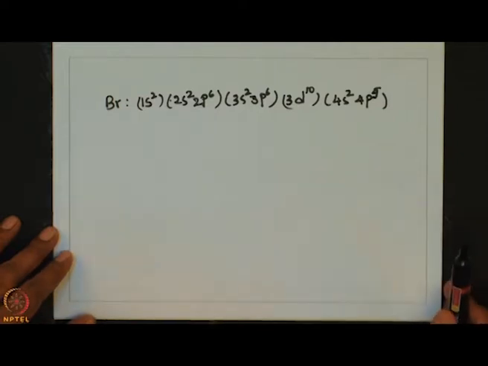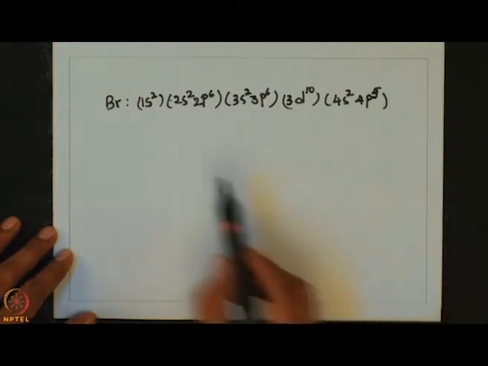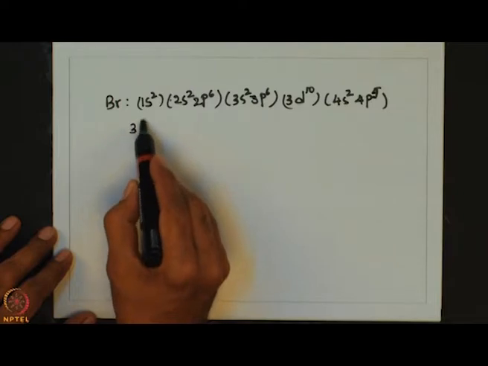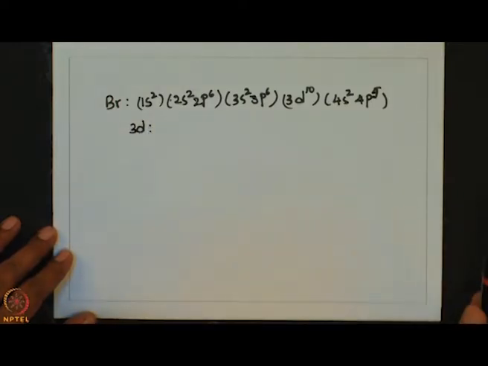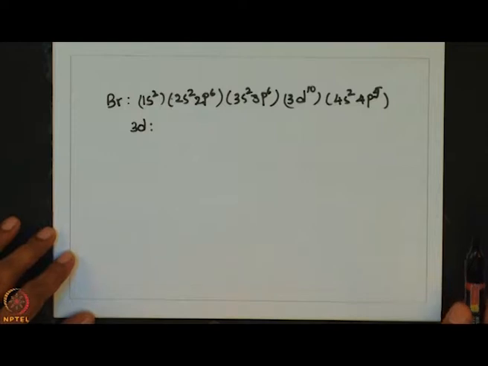Since the electron in consideration is from 3d, we have to find out the 3d electron screening constant.